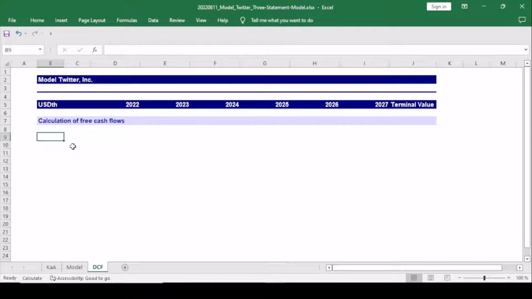Therefore, our starting point is the unlevered cash flow, which is why we introduce another KPI, the so-called NOPLAT, net operating profit less adjusted taxes.